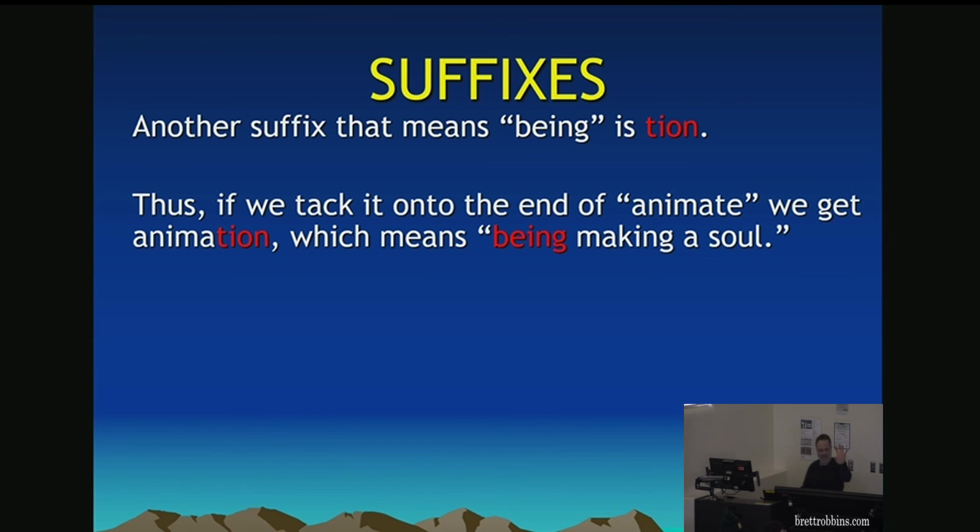We did anima, meaning soul, 8 meaning make, and then you put another suffix onto the 8, which is shun, and that means being or the state of. So it means the state of making a soul.